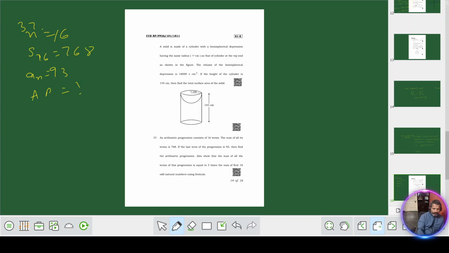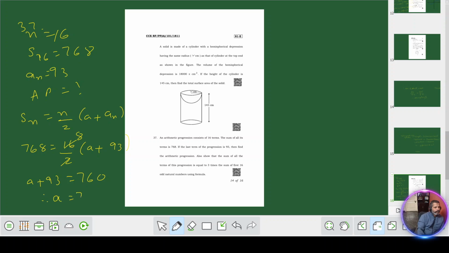So we write the formula Sn is equal to n by 2 into a plus an. Sn we are given as 768. n is 16 terms. a we don't know. an is 93. Therefore, a plus 93 equal to 96, since 8 into 96 is 768.